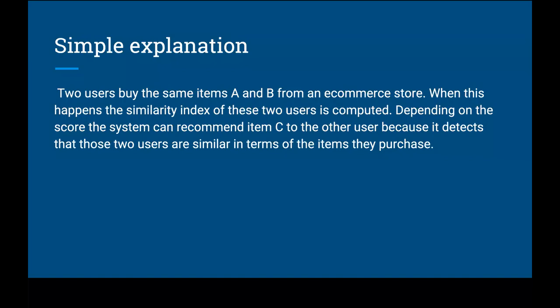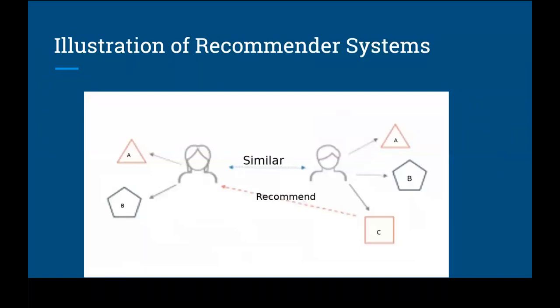These two users are not the exact same person, or related in any way. They could be random people. What we are trying to see is how similar they are based on the items they are purchasing, right? So based on their purchase pattern.